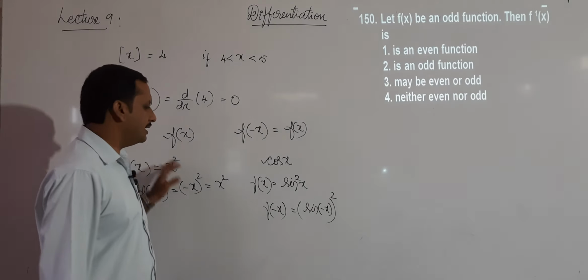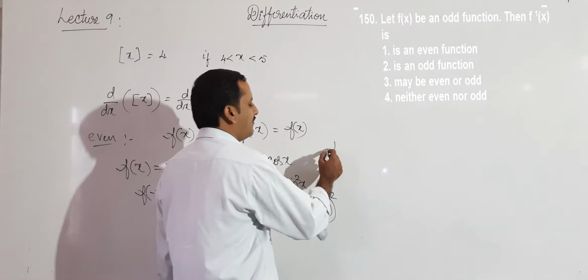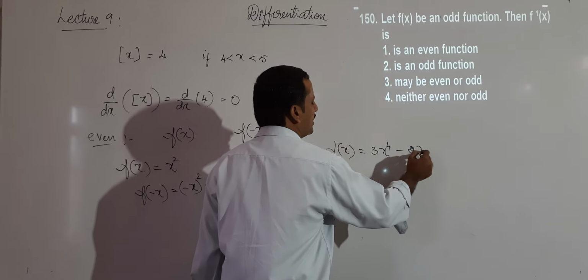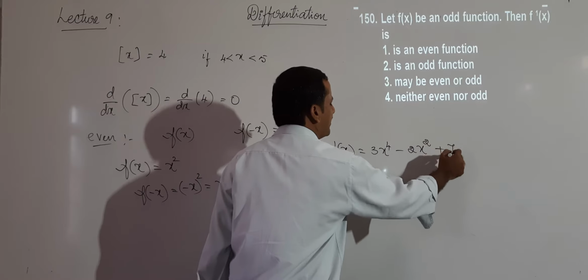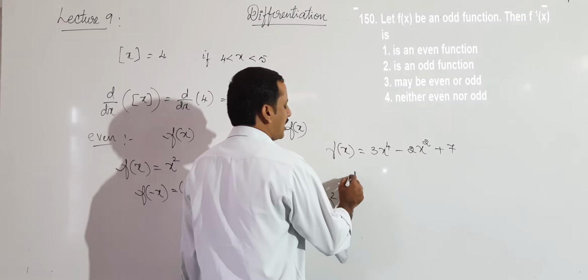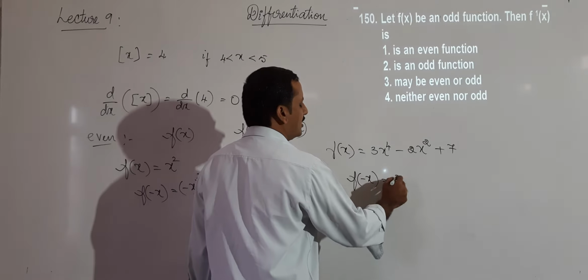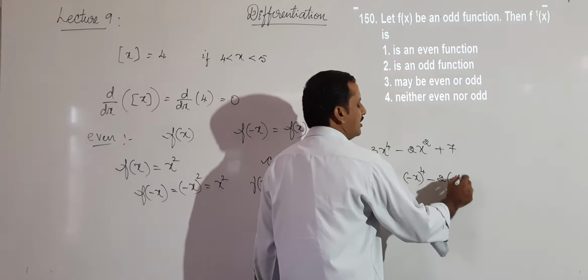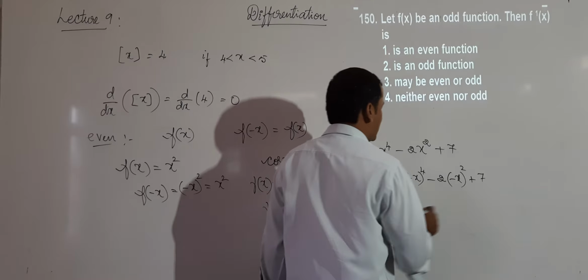Okay. So then, f of x is equal to 3x power 4 minus 2 into x square plus 7. This is also an even function because you check that f of minus x is equal to 3 into minus x whole power 4 minus 2 into minus x whole square plus 7.